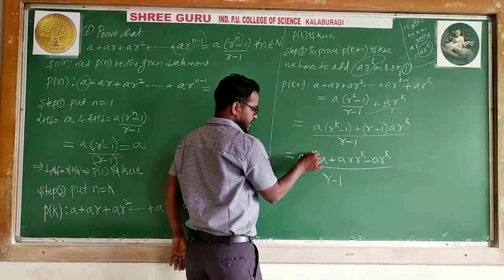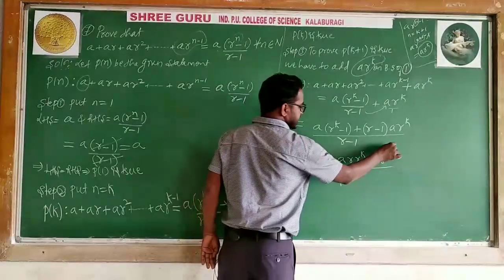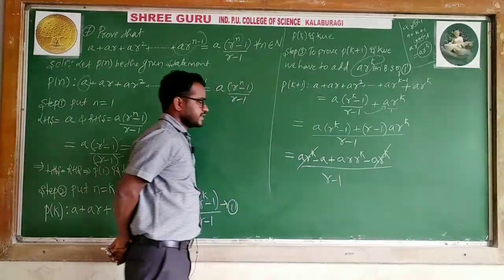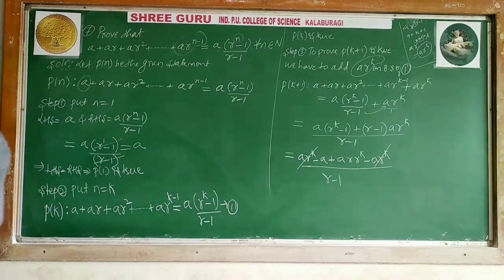Now, is it A R to the power k plus the same term? The same terms are there but opposite in sign: plus A R to the power k and minus A R to the power k.